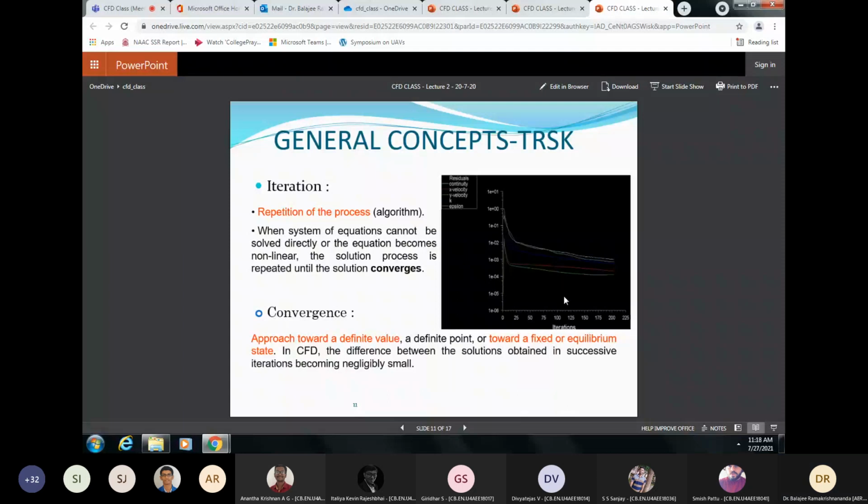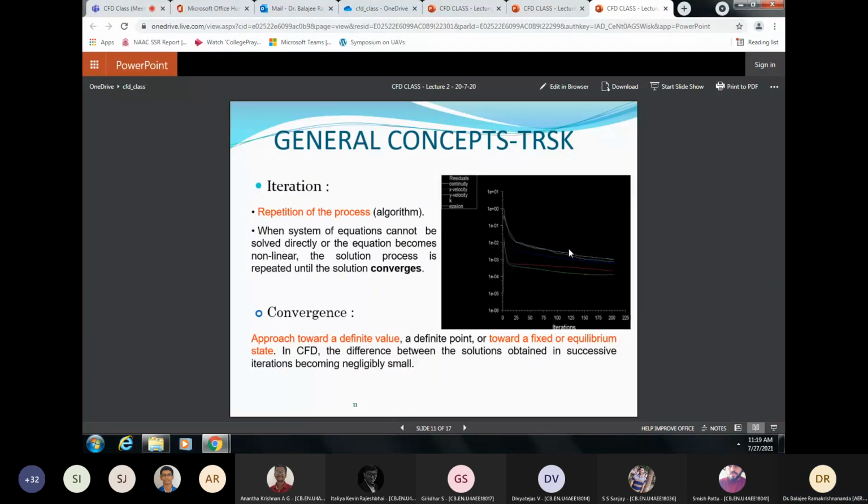Blow up means the error won't come down, it will go up. Or you may get crazy oscillations that reach a value of infinity. That means your numerical algorithm is conking out somewhere. So this convergence history can be used to check the stability of your approach.